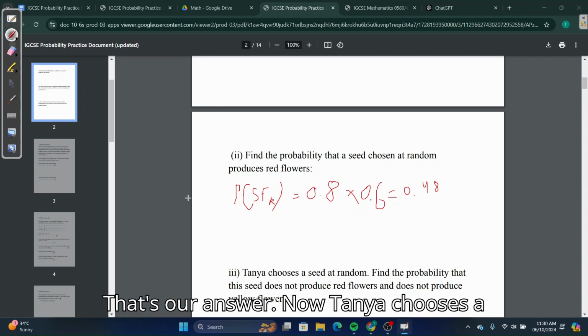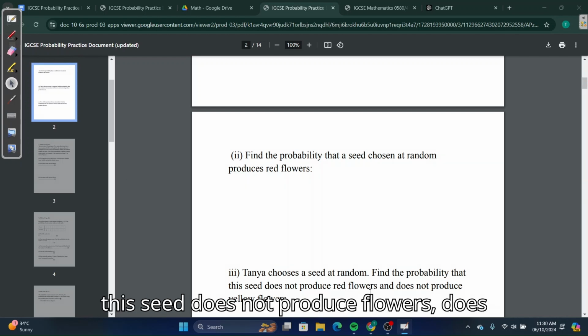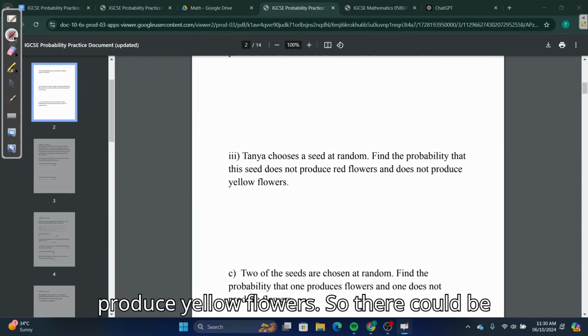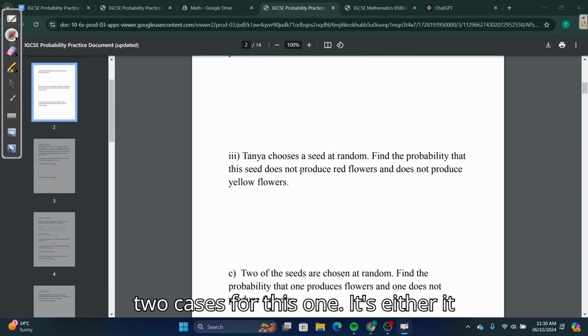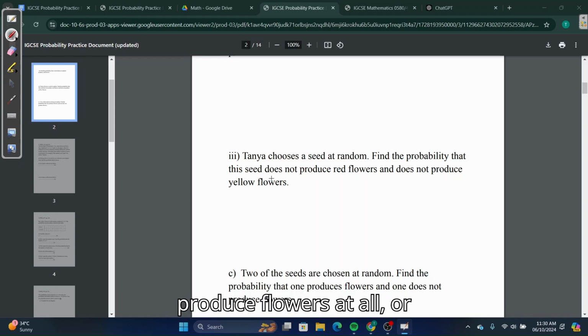That's our answer. Now, Tanya chooses a seed at random. Find the probability that this seed does not produce flowers, does not produce red flowers, and does not produce yellow flowers. So there could be 2 cases for this one. It's either that the seed doesn't produce flowers at all, or it produces a flower of another color.